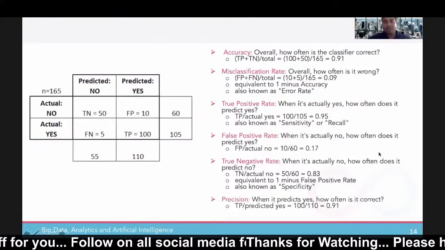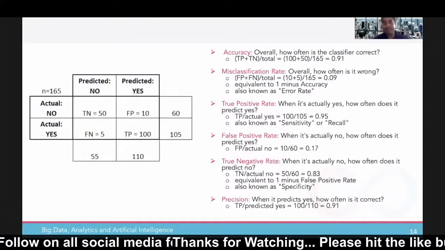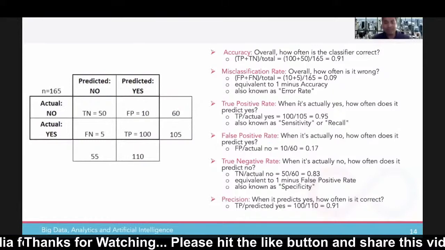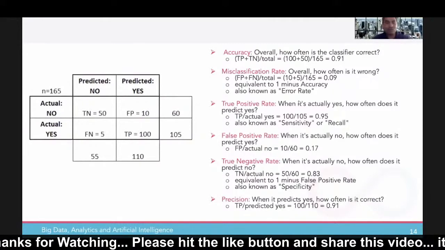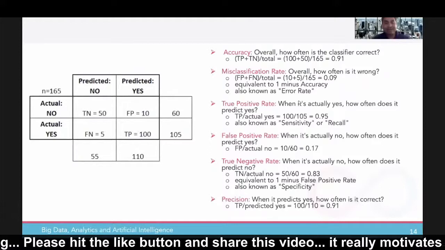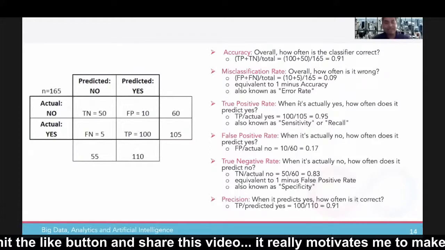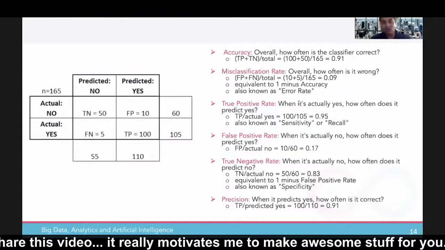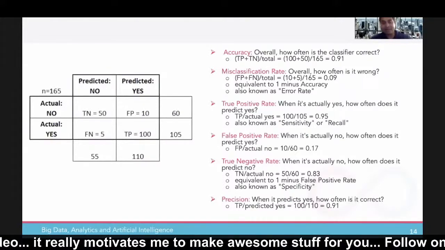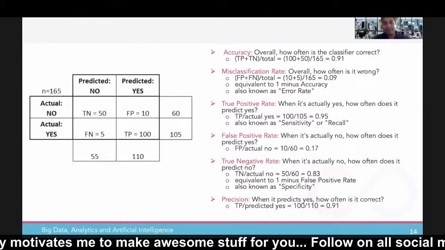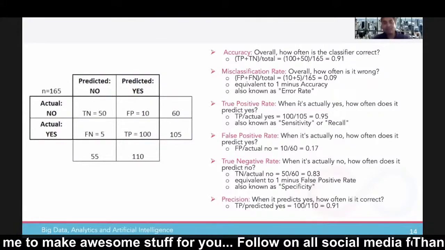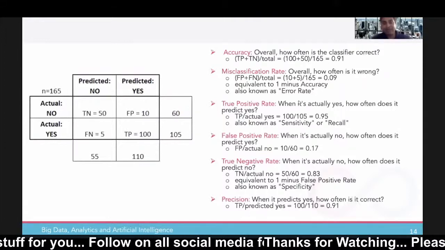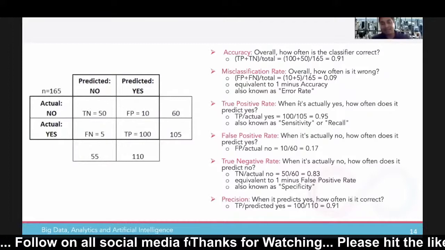Now the precision that we have discussed: when it predicts yes, how often is it correct? True positive is 100, and we divide by the predicted yes, which is 110. If our predicted yes were 100, our precision would be 1. But as we go down, 100 divided by 110 means our precision is lower.